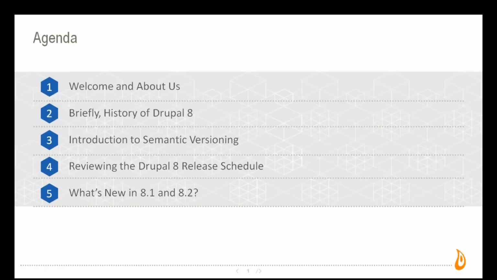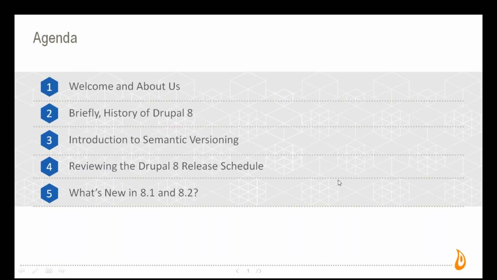We've only got an hour, so this is what we're going to try to cover today. First, now that I've got your attention, I'll introduce myself, and then to make sure we're all on the same page, I'll give you a fast history of website development and how we've gotten where we are today with Drupal 8. Don't worry, it's just a couple of slides, but I want to make sure we're all on the same page. Then we'll get into the key concepts behind semantic versioning and how the Drupal project team has applied it to Drupal 8.